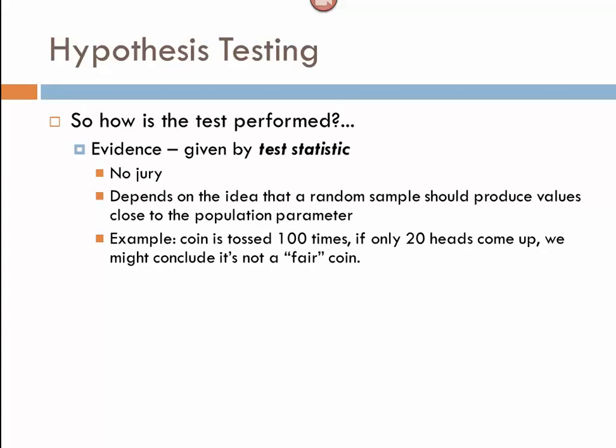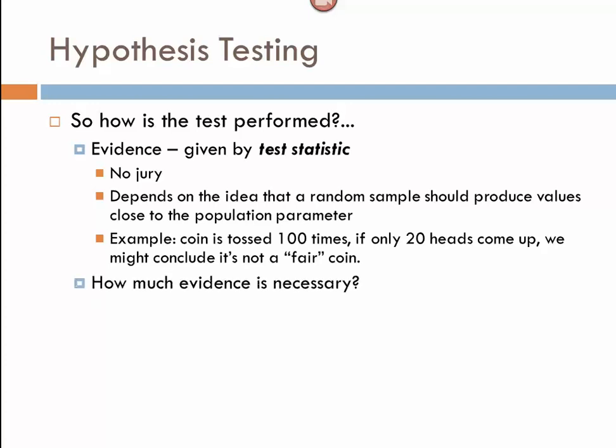If, for example, we flipped a coin 100 times and only 20 times did it come up heads, we might start wondering whether or not that coin was fair. Not because it's not possible to have 20 heads come up in 100 tosses. We've seen in probability how that can occur. However, it's just highly unlikely. And so we base our decisions on the likeliness of the outcomes that occur when we do our experiment.